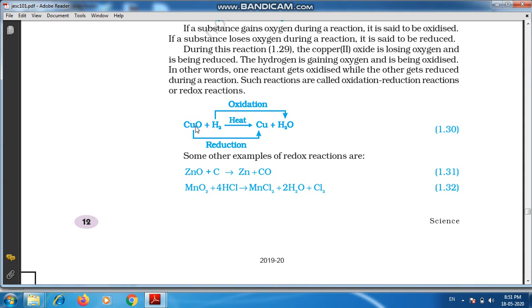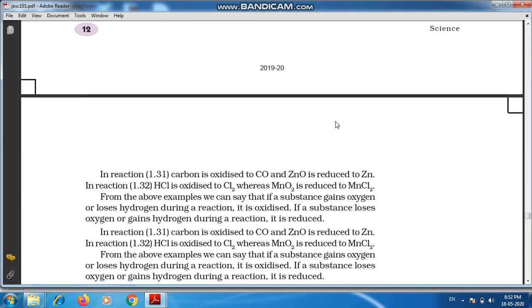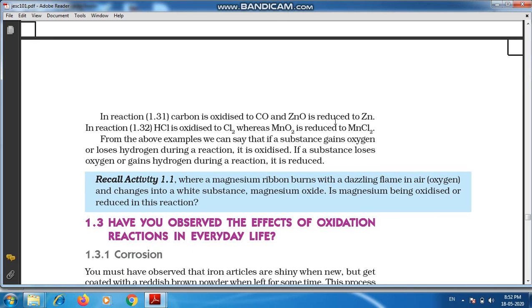CuO plus H2, you get Cu plus H2O. Now see, CuO is getting converted to Cu, so oxygen is removed. So this is reduction. H2 gets oxygen, so it is oxidation. I think it's clear.